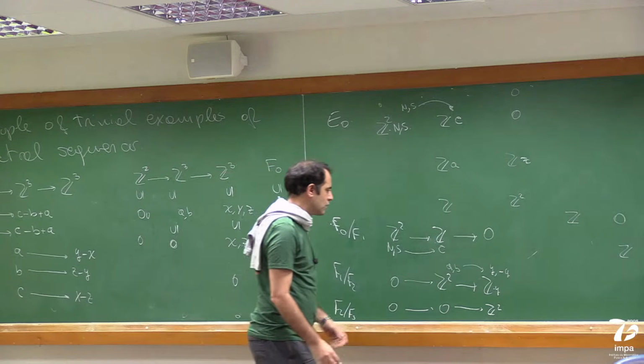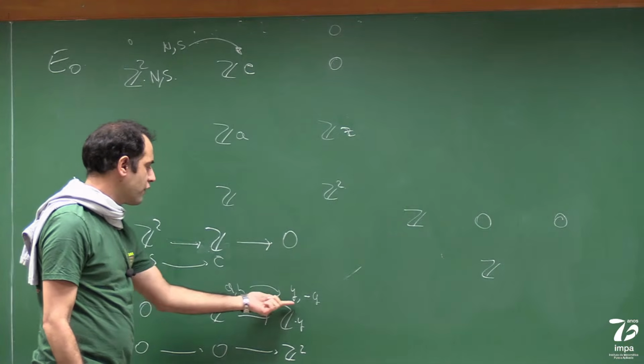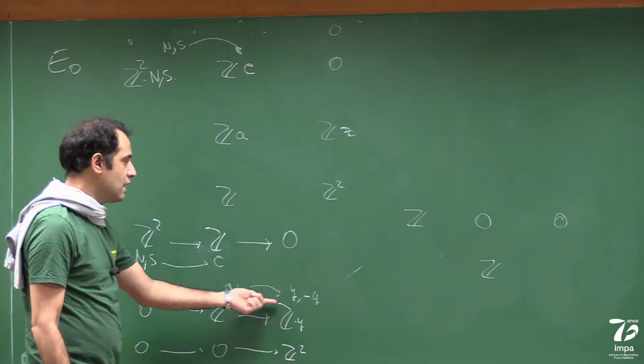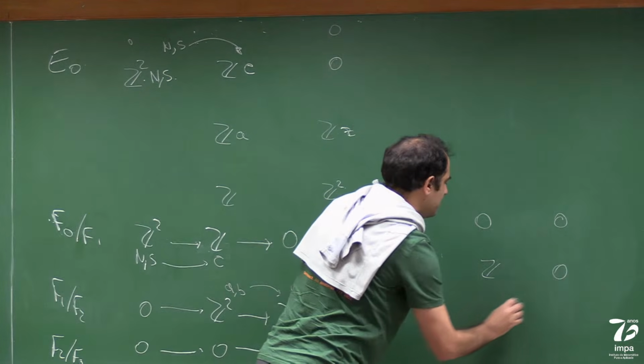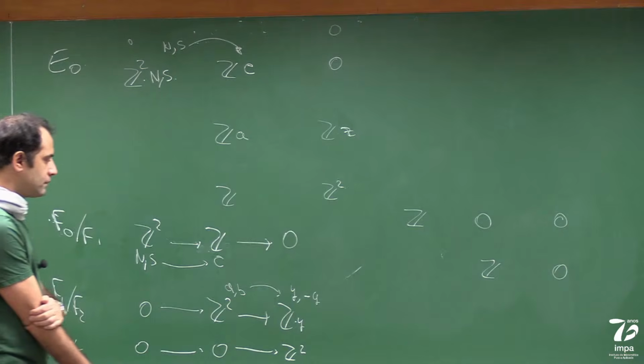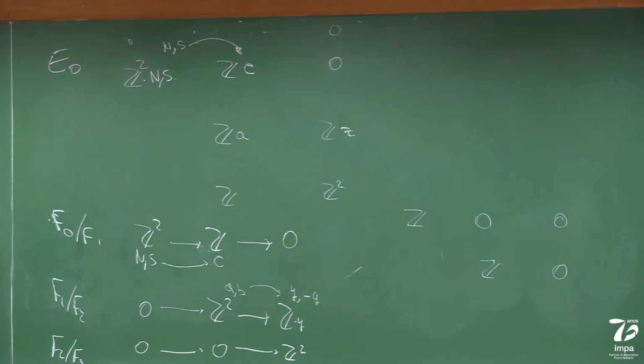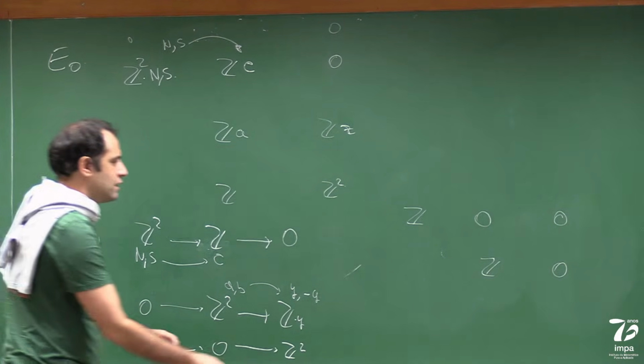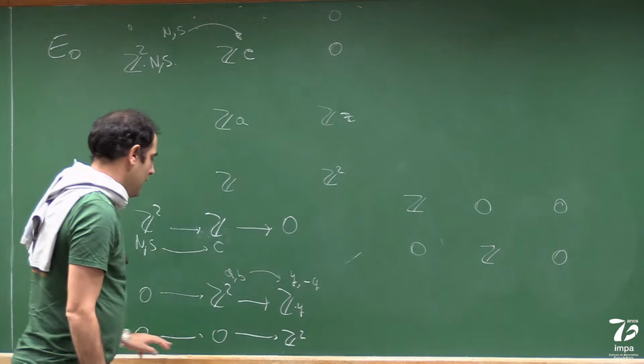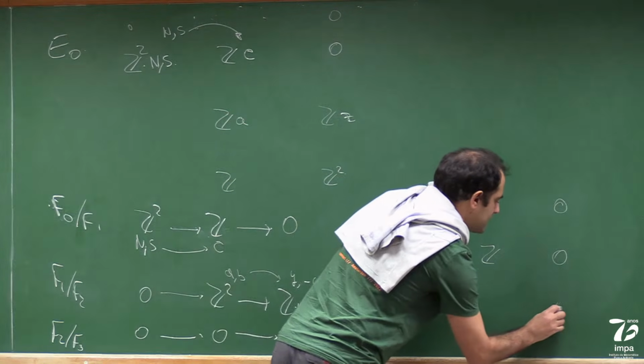We're going to kill it in the next page. So the kernel of this guy is of dimension 1, and the cokernel is trivial. So I get 0 there, 0 here, 0 here. And this whole thing survives. So I have this Z2.